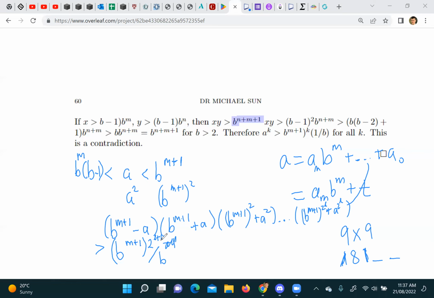So if you look at all these terms, you get 1 plus 2 plus 4, the sum of powers of 2, so you end up getting b to the m plus 1 to the power of 2 to the l plus 1 minus 1.